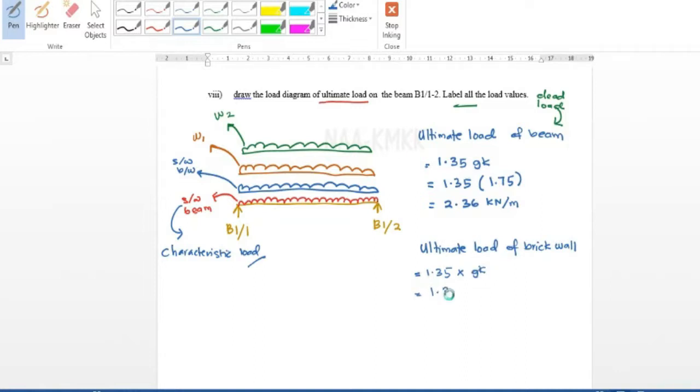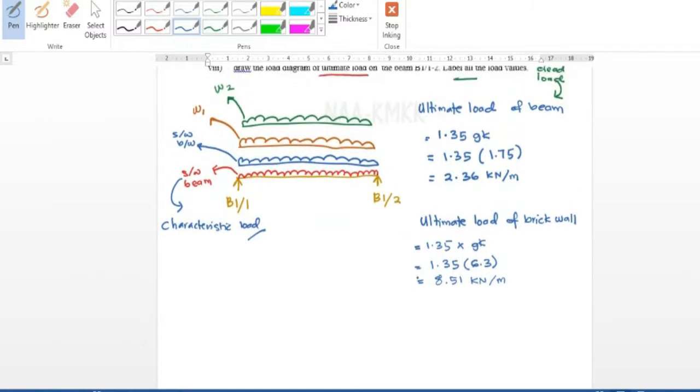Check your self-weight of brick wall. Just now we have 6.3 kN/m, check yourself. So the answer is 8.51 kN/m.